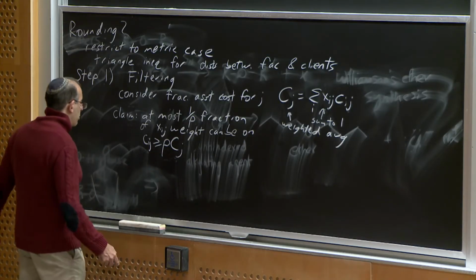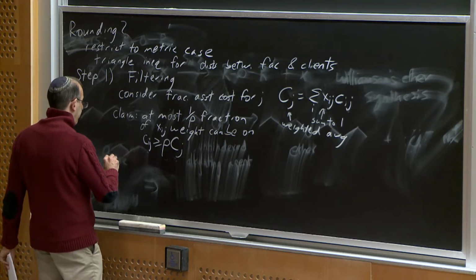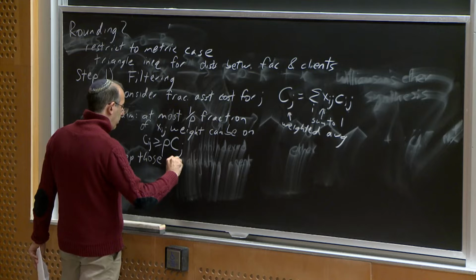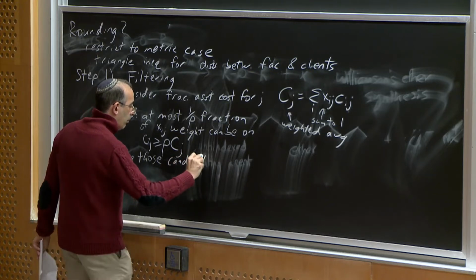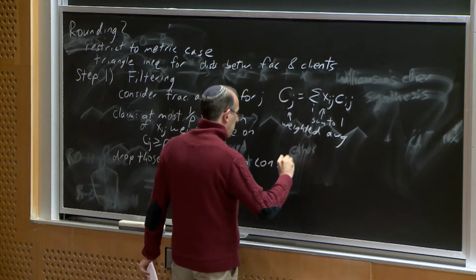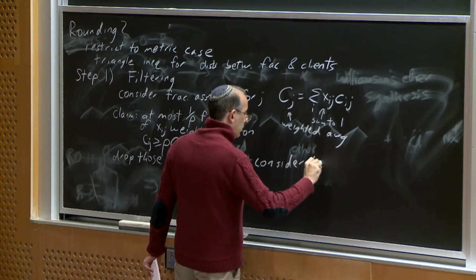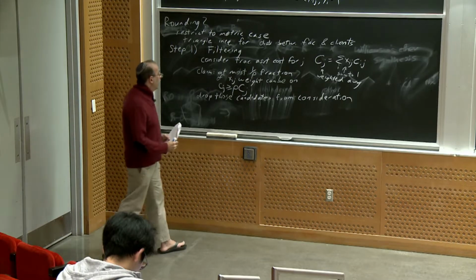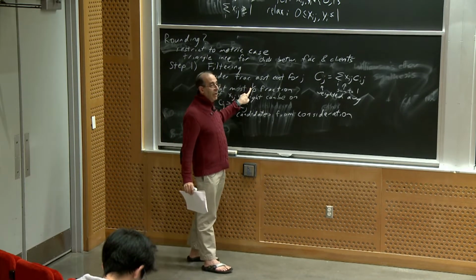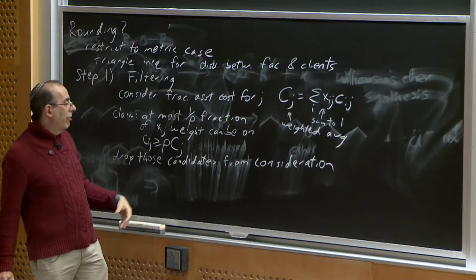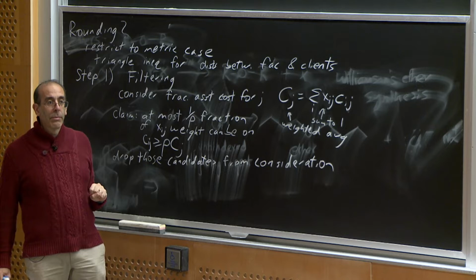So we will just drop those candidates from consideration. Okay. We still have a 1 minus 1 over rho fraction of the weight that can accept connections from this client.